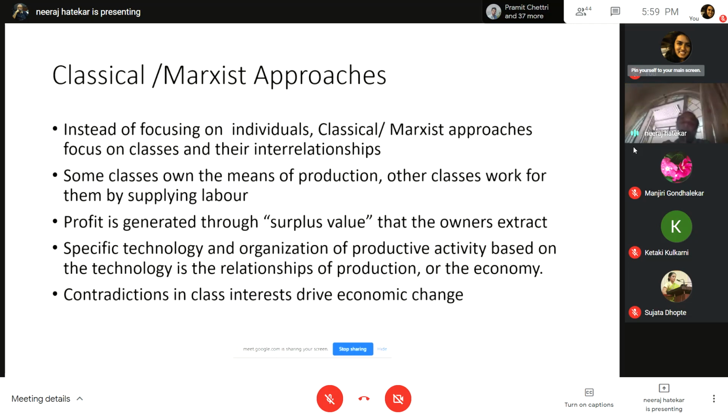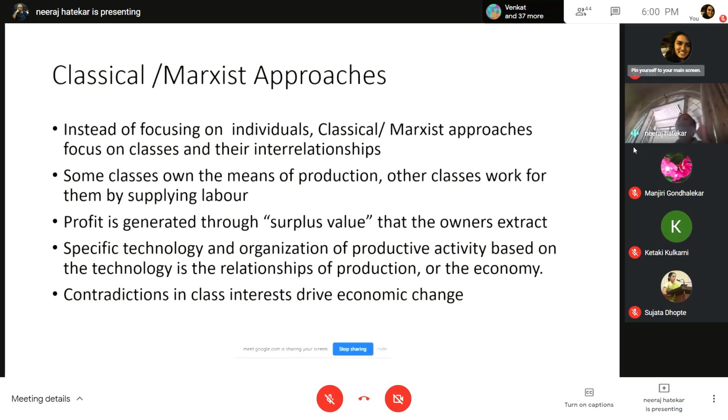The economy in this sense is the organization of production that happens around a specific technology of production, which are also called the relationships of production. So workers sell their labor to capitalists, and capitalists produce a surplus value and spend that surplus value. It is that kind of relationship structure which is how the economy is.